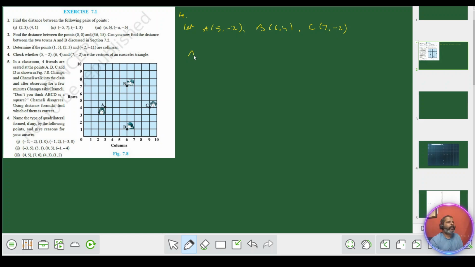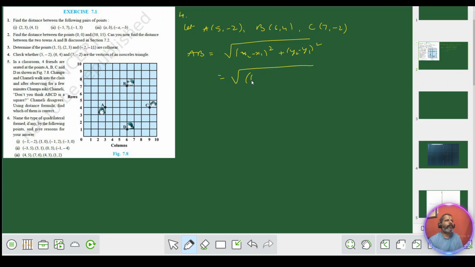And then we find AB, which is equal to square root of (x2 minus x1) whole square plus (y2 minus y1) whole square. Please write the formula for every question at least once. It will have half marks for the formula.